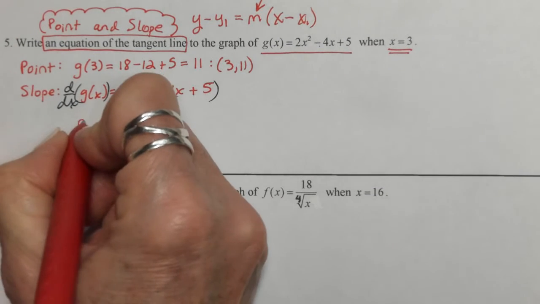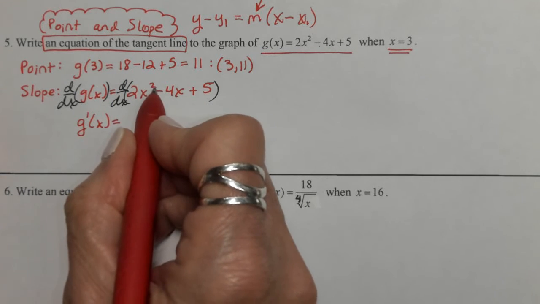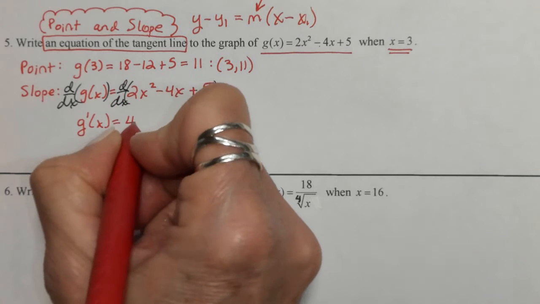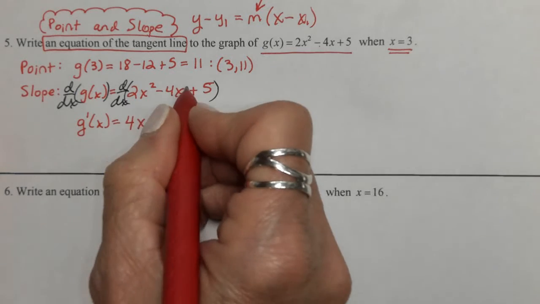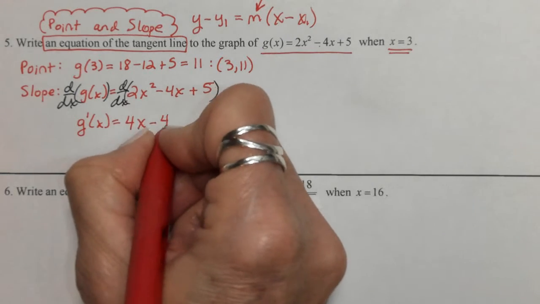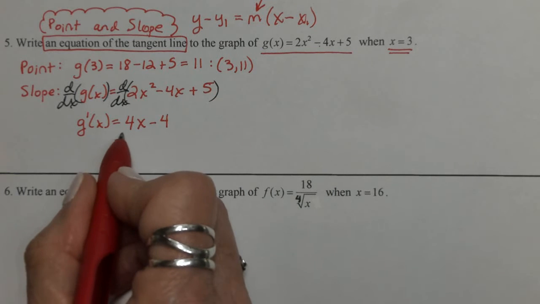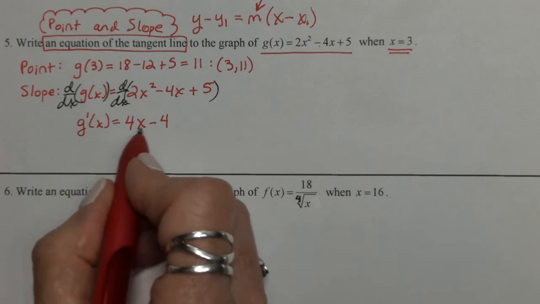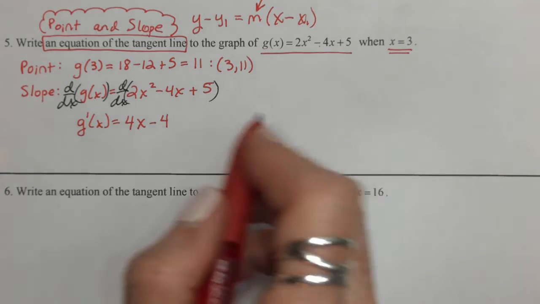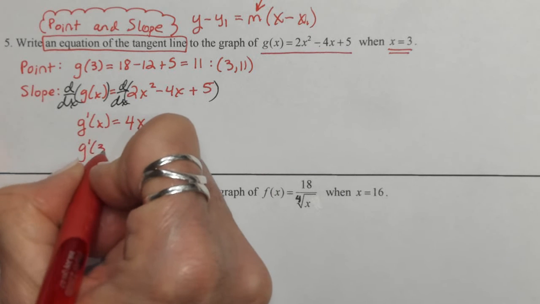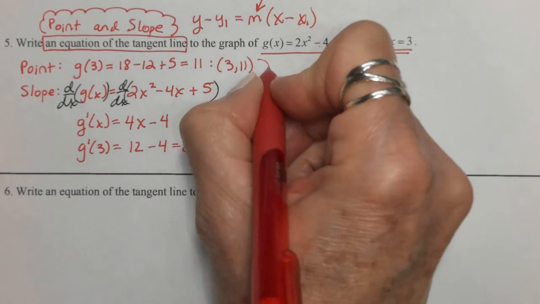All right, so we get g prime of x is equal to, little power rule here, power times the coefficient. Keep your x, reduce your power by 1. The derivative of negative 4x is just negative 4. The derivative of 5 is 0, so this is the derivative. That is the slope at any value of x. We need to find the slope exactly when x is 3. So g prime of 3 will be 12 minus 4, which is 8.